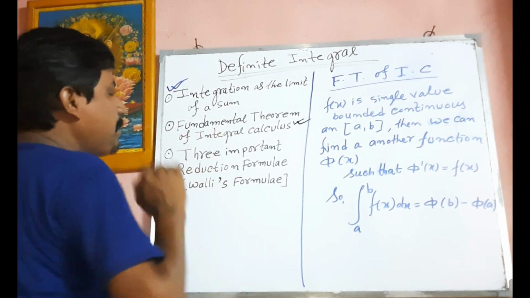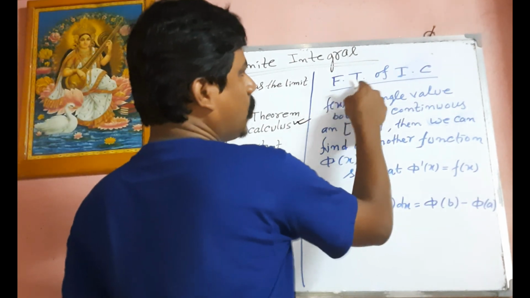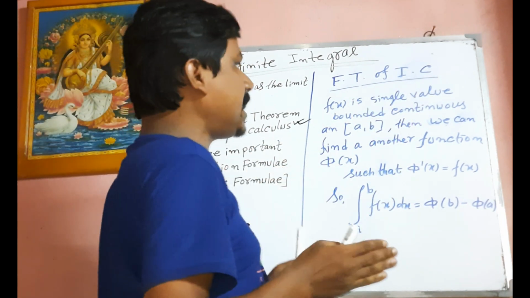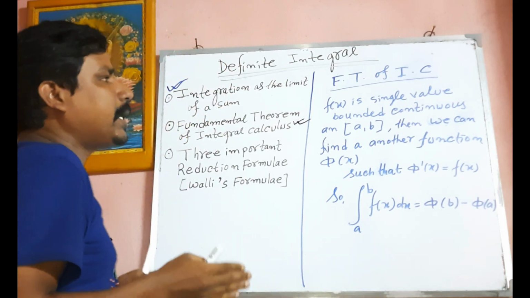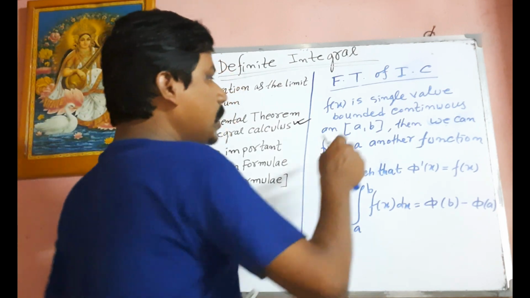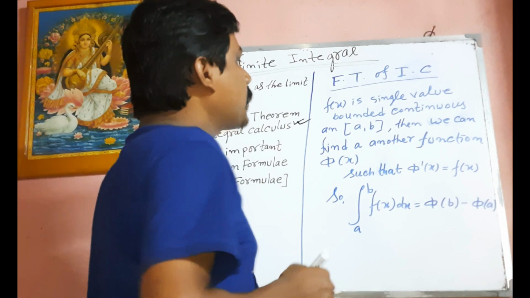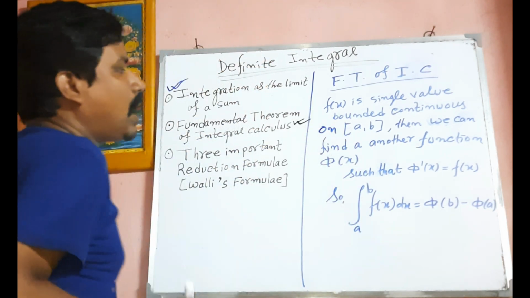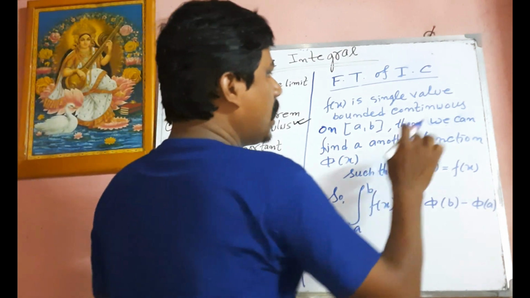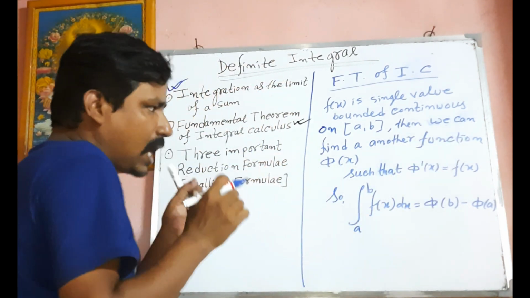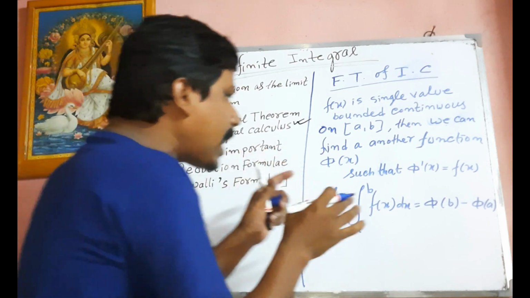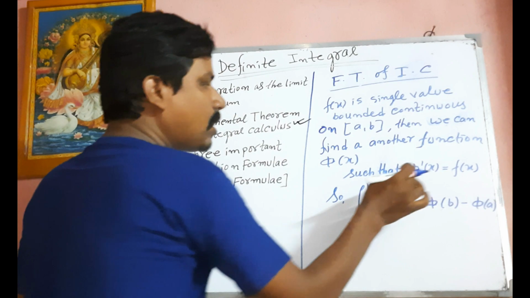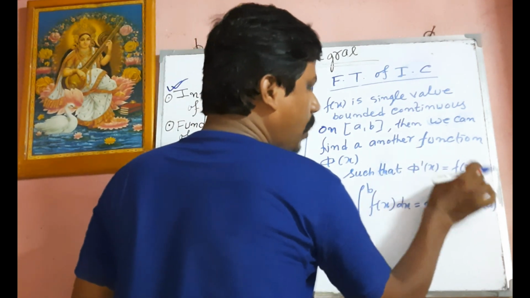Now in the second part, that is the fundamental theorem of integral calculus, suppose f(x) is a single valued bounded continuous function on the closed interval [a, b]. Then we can find another function phi(x) such that phi dash of x is equal to f(x).